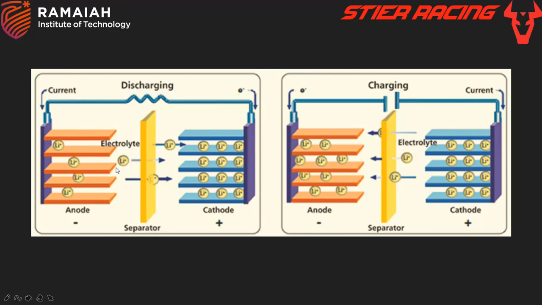Since electrons can't go through this separator, they take a separate path through our conducting wire and reach the cathode. This is how electrons flow and we generate electricity. This is the basic rule of every battery cell: we will have a separator, and electrons will have a separate path to travel.